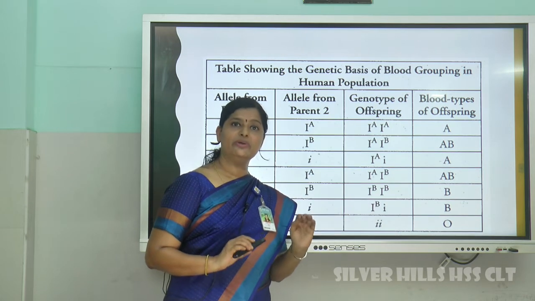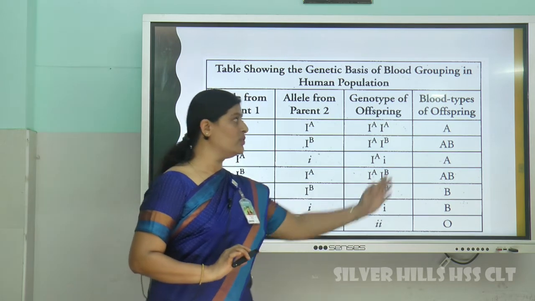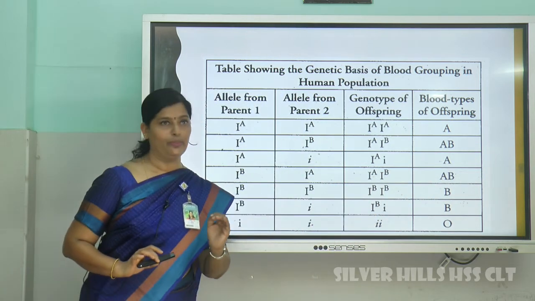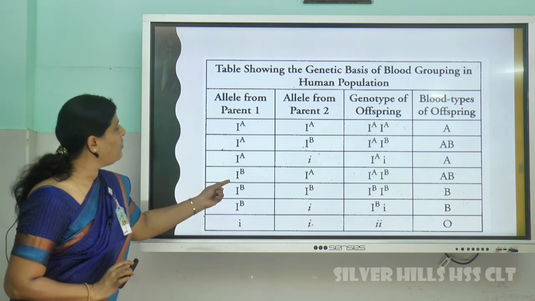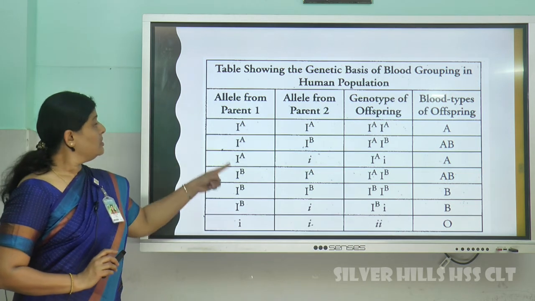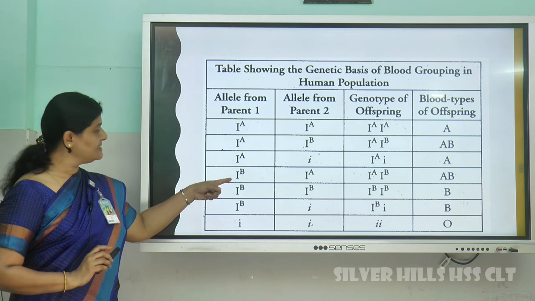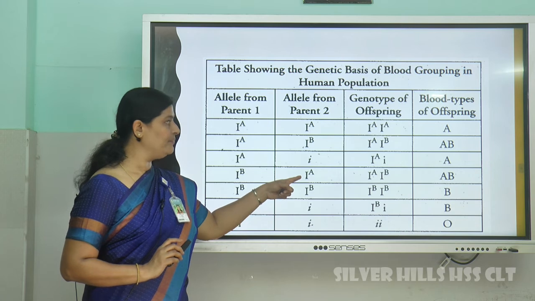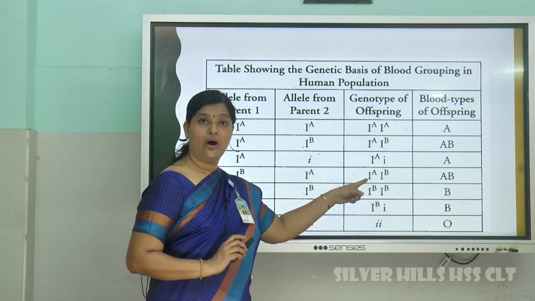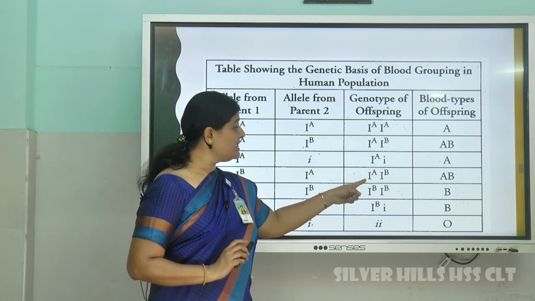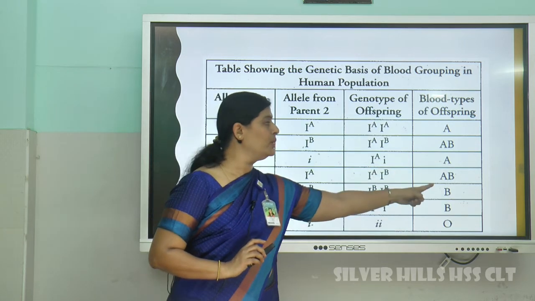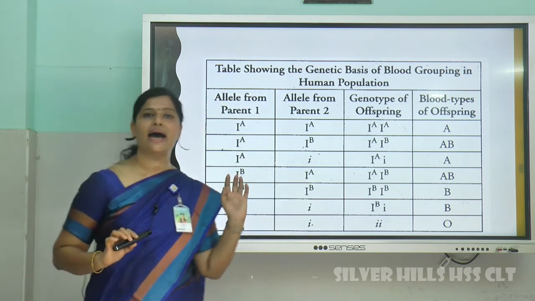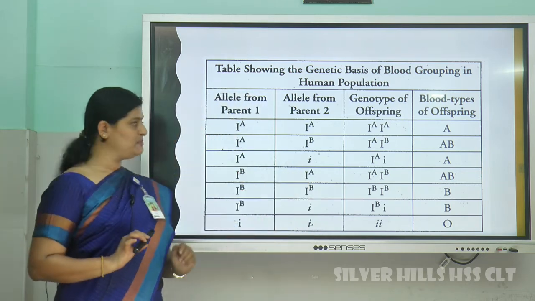The child will be producing only A antigen, and the child's blood group is A. Now the fourth case: from the father, this offspring is getting the IB allele and from the mother IA. The genotype is IAIB, and the blood group is going to be AB. That means the child will have both the antigens, A as well as B.